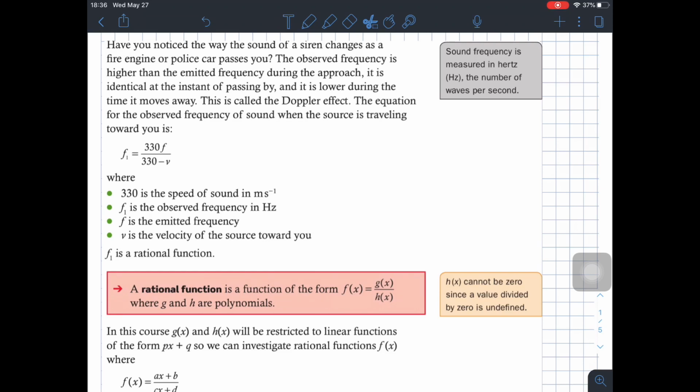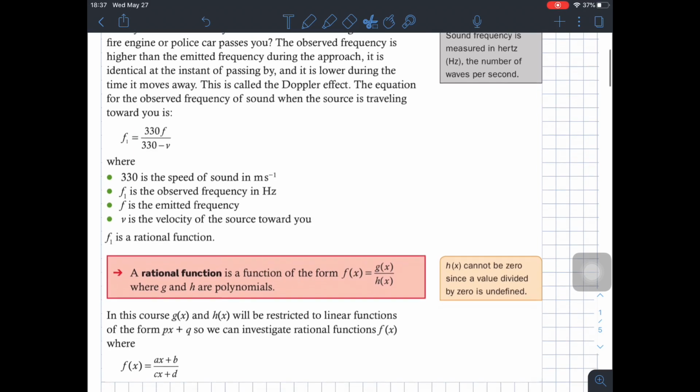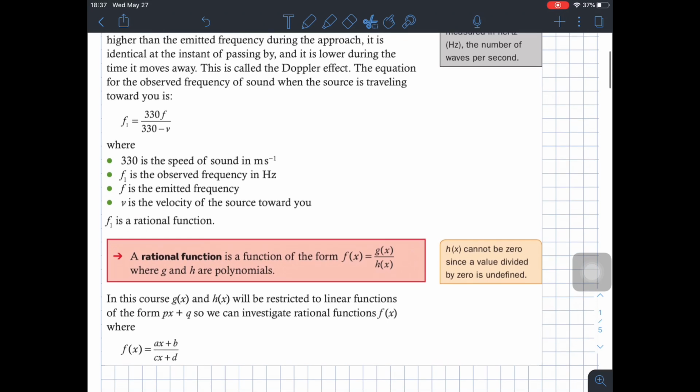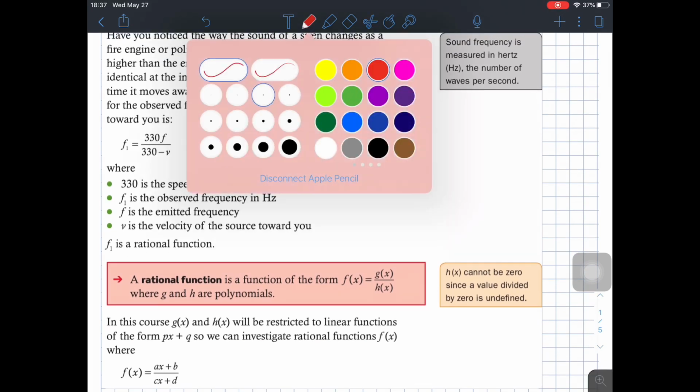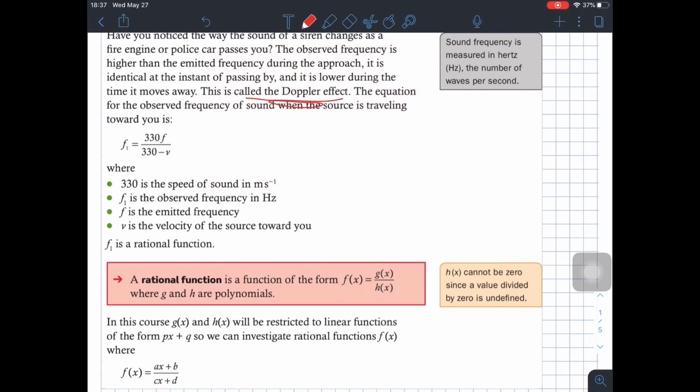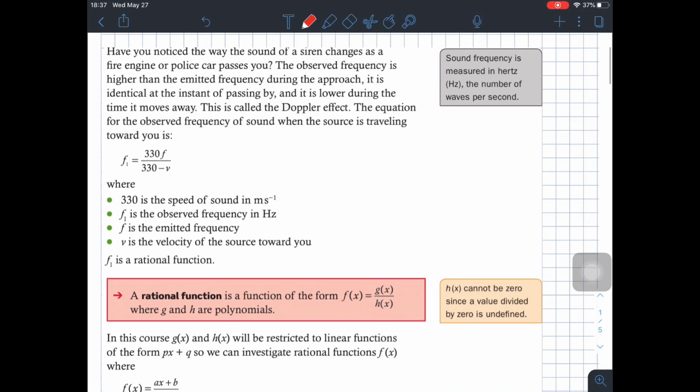It says the observed frequency is higher than the emitted frequency during the approach. It is identical at the instant of passing by, and it is lower during the time it moves away. This is called the Doppler effect. Okay, this is something that maybe you have seen or you will see in physics later on.